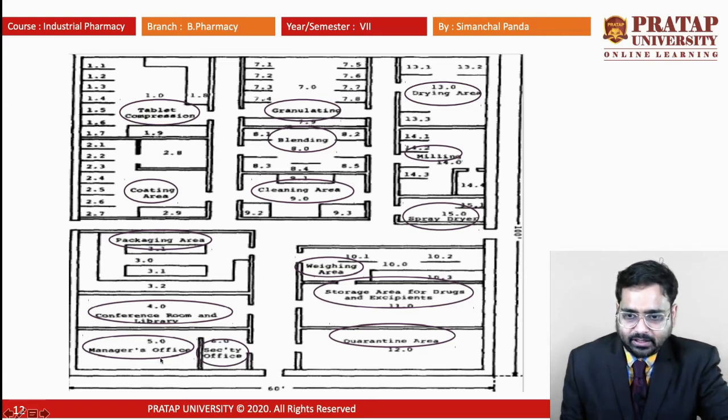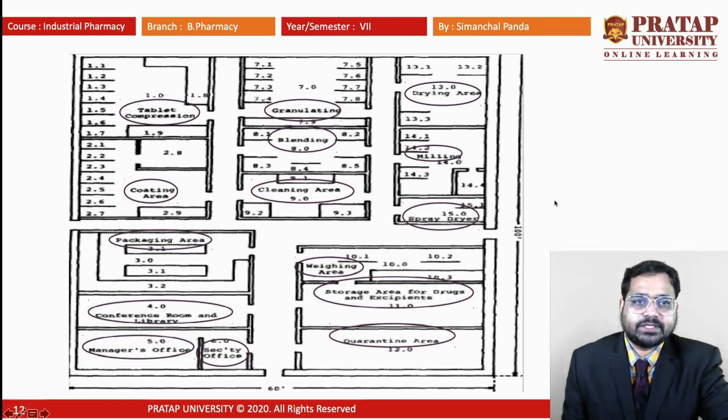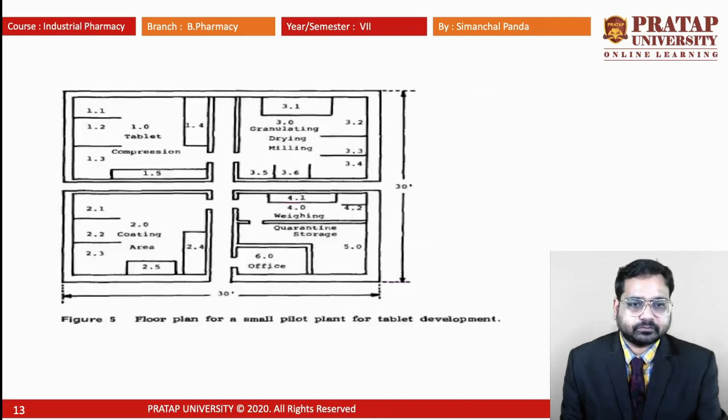There are also some official places like the manager's office, the conference room, library and packaging area. So this is the basic scale up design for an industry of pharmaceutical tablets.